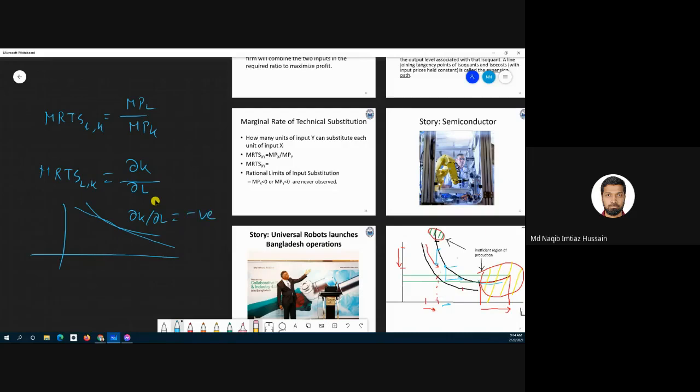ঠিক আছে, নেগেটিভ করে ফেলে এটাকে, কারণ the slope is negative, এই কারণে। But your MRTS is always a positive quantity. MRTS হচ্ছে positive, ঠিক আছে? That's why you basically have to add a minus sign in front of this equation.